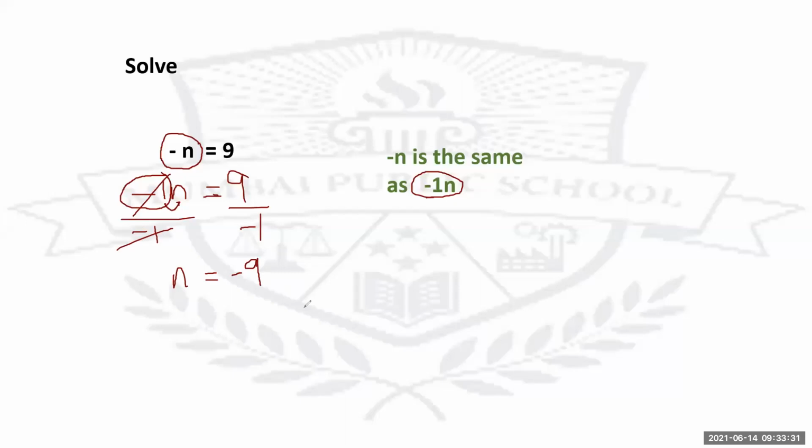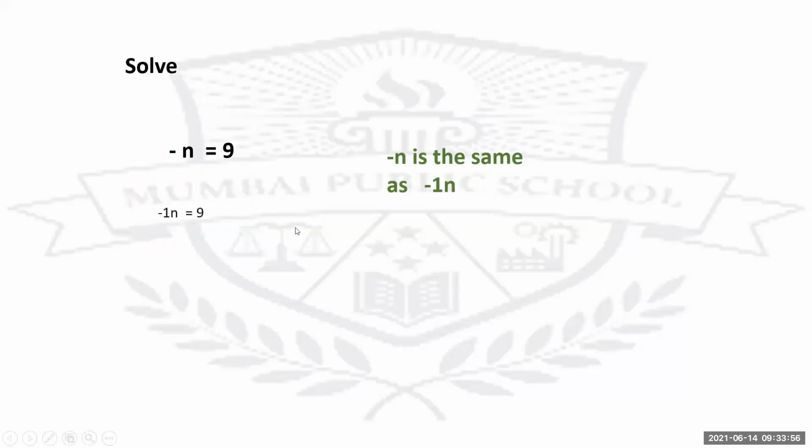Is this clear to all the students? Ankita, beta, did you understand this? So you'll get minus 1n equals 9. Dividing it with minus 1, you get n equals minus 9.